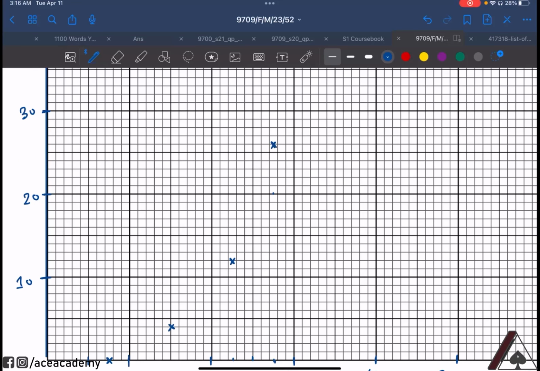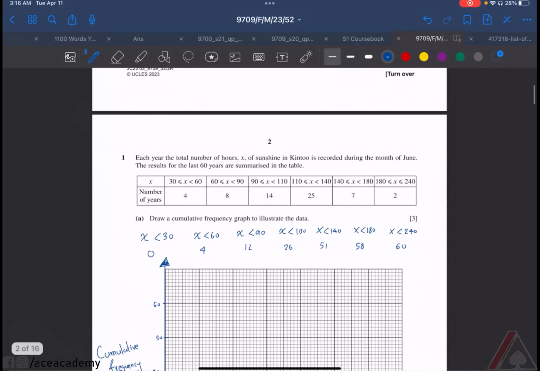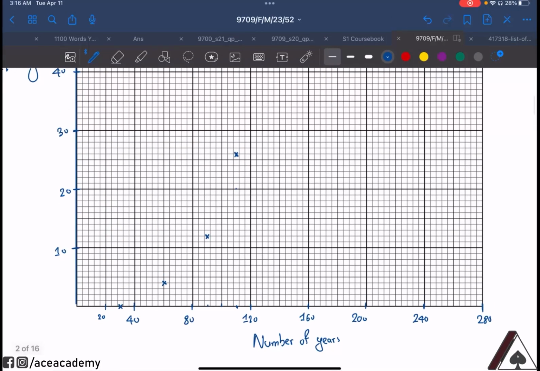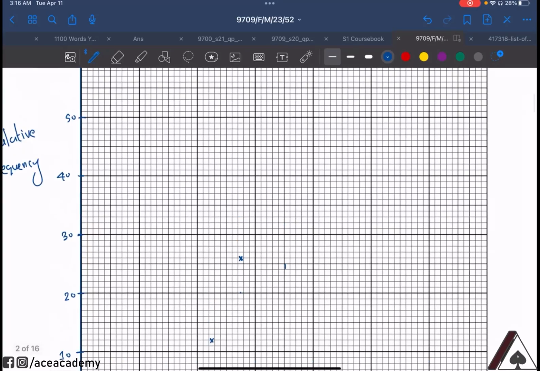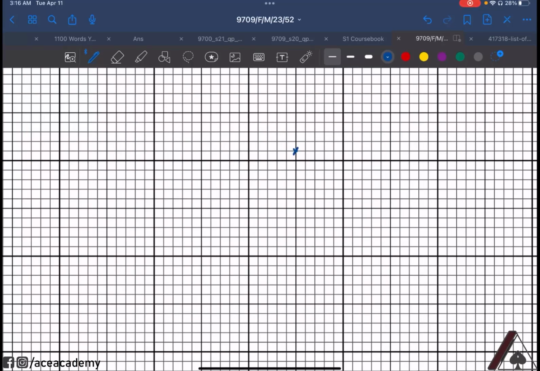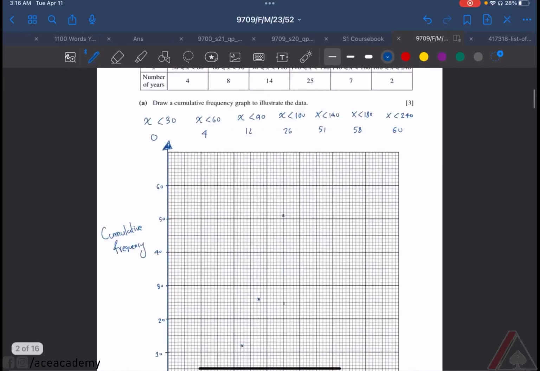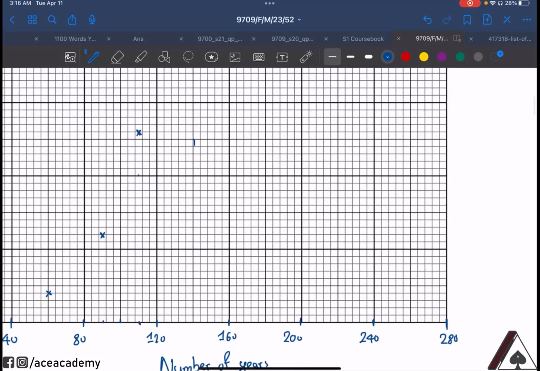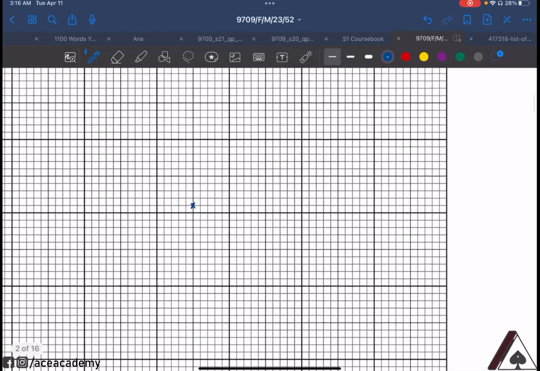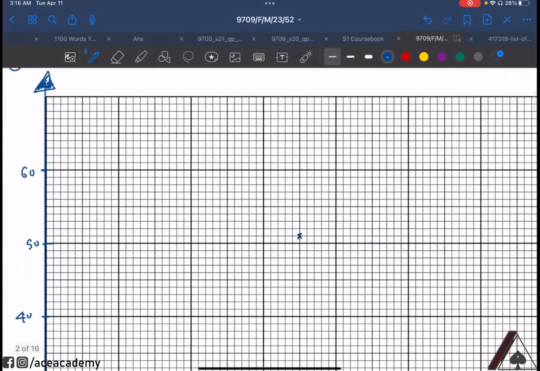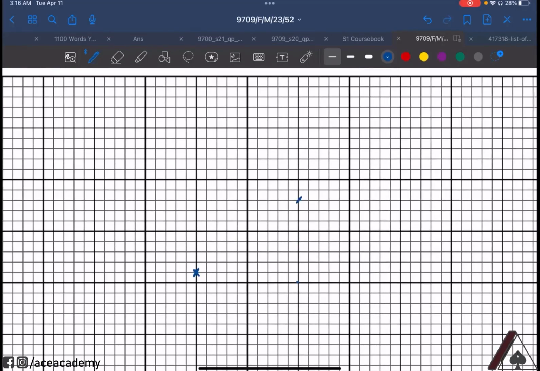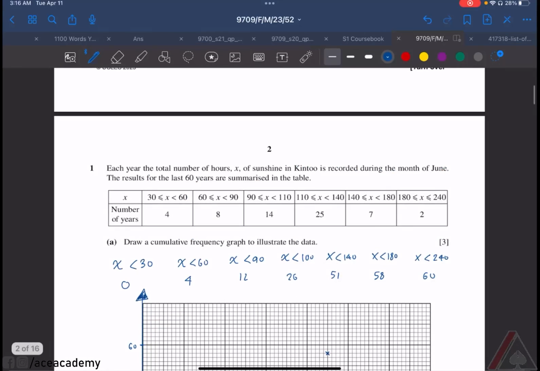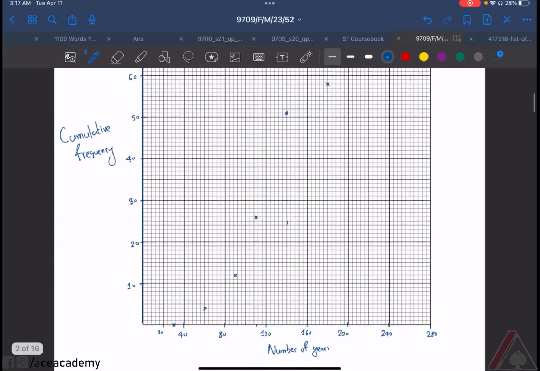This is 126. Okay, then 140 and 51. 140 is going to be this, and 51 is going to be over here. Then 180 and 58. And finally, the endpoint, which is 240 and 60.